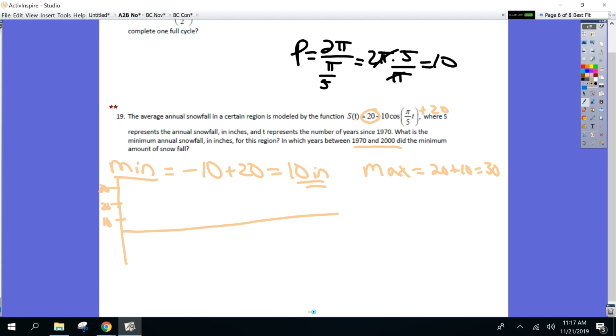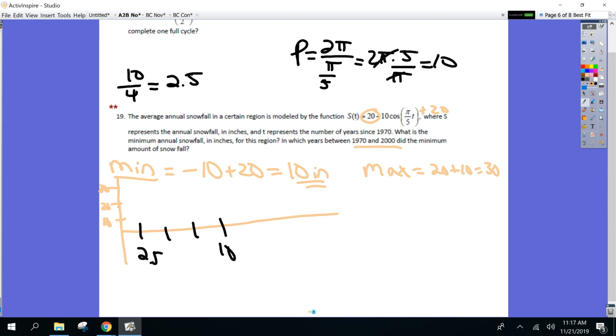Okay, talk to me. 10 is where it'll end. How do you figure out what I go by? Divide by 4. 10 divided by 4 is 2.5. Okay, so ready. 2.5 is the first one.